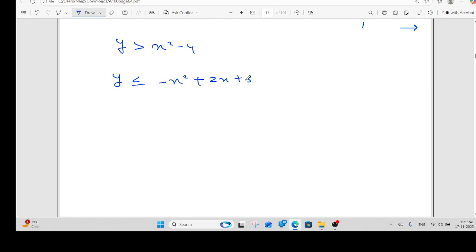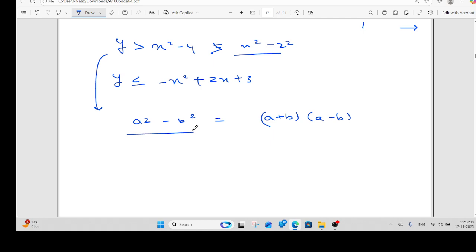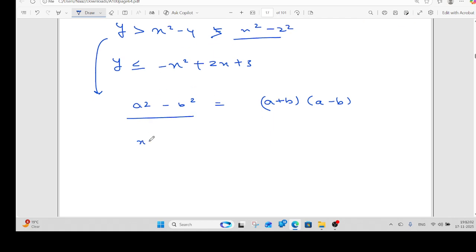So from the first equation, we can use this identity to factorize it, a square minus b square is equal to a plus b, a minus b, right? Because this is in this form, if I write it like this, x square minus 2 square, so I can write x minus 2 and x plus 2 is equal to 0.